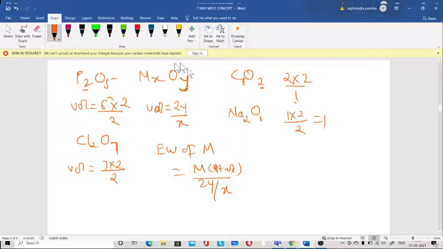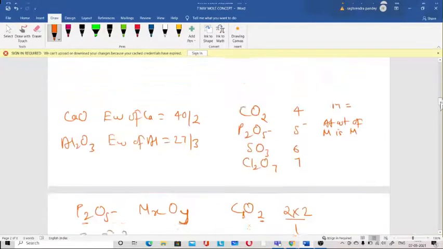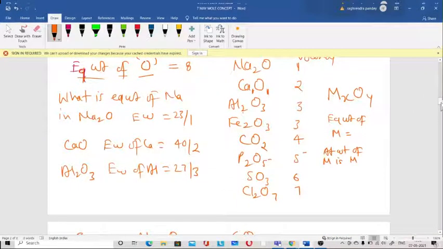If both are hypothetical, it is very difficult to calculate. For oxygen, sometimes it is correct, sometimes it is not, because we don't know the valency of this metal. You will learn eventually, because we will do whole lot of questions. So have you understood the concept of valency, concept of the equivalent weight in terms of valency? Okay, everybody.